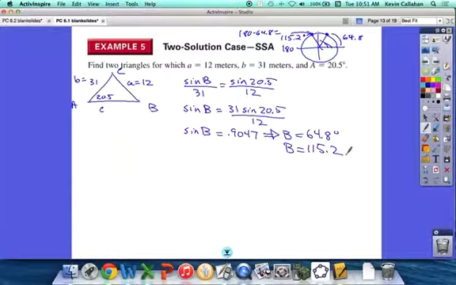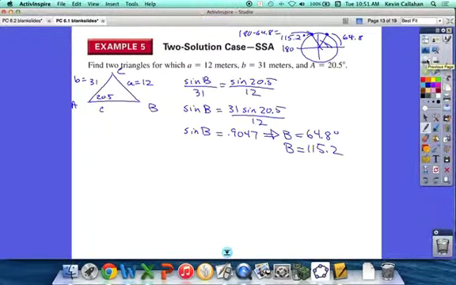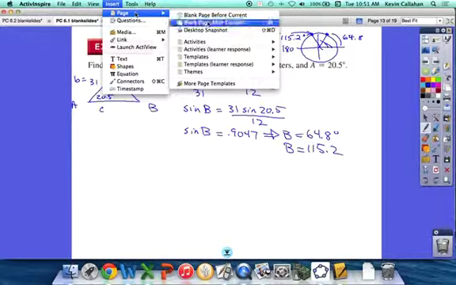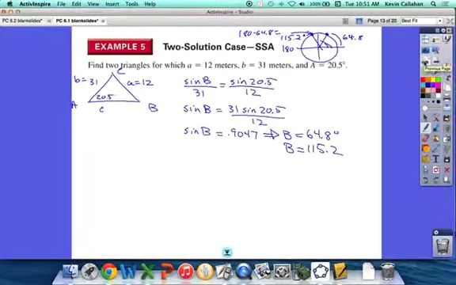And so you're going to have to solve it twice. All right, so let's start by making it 64.8.